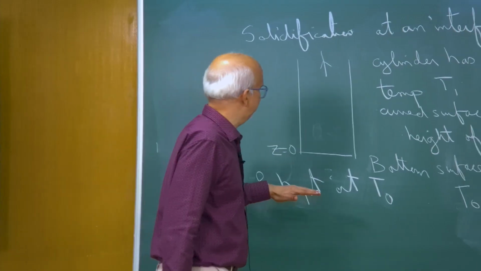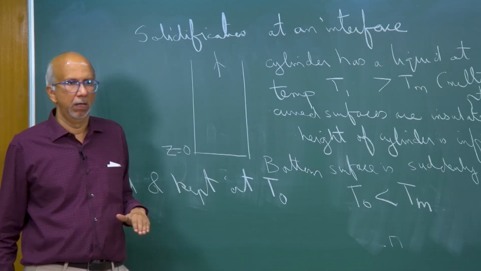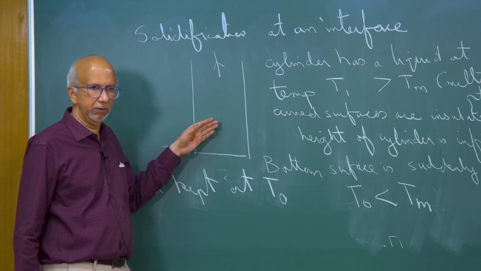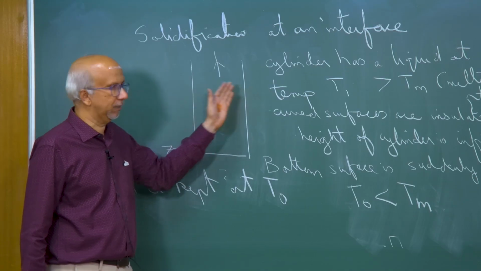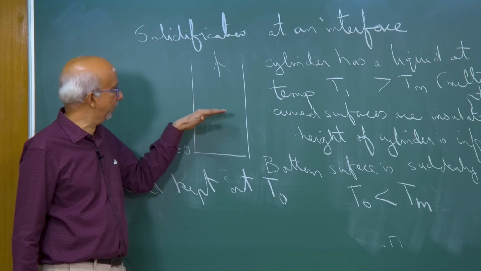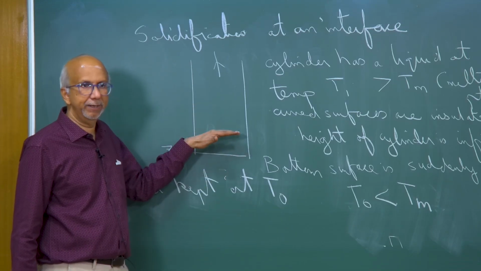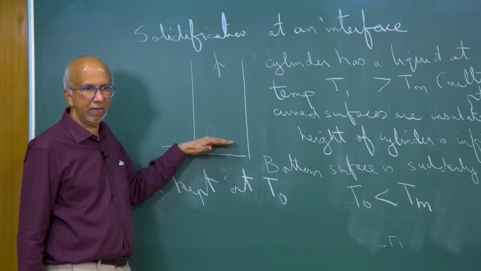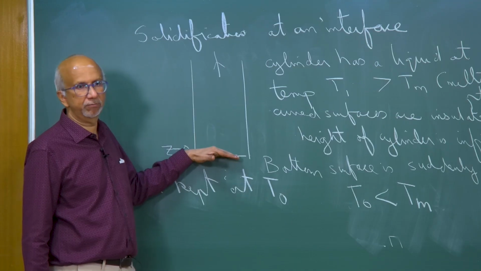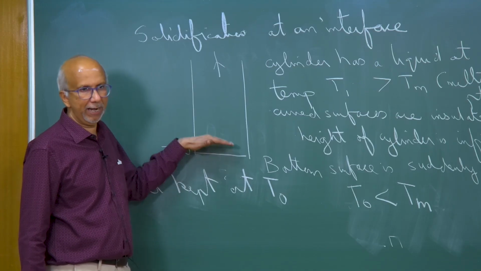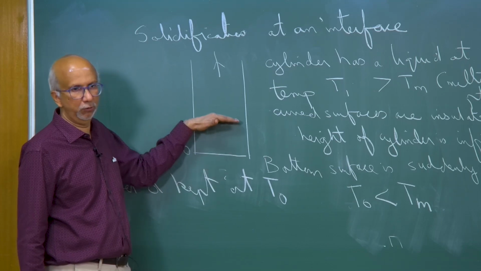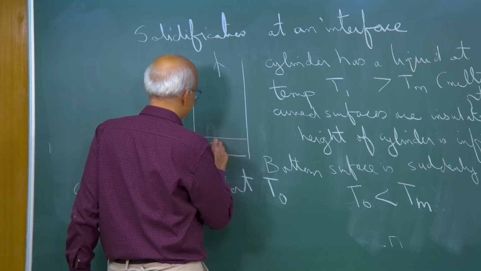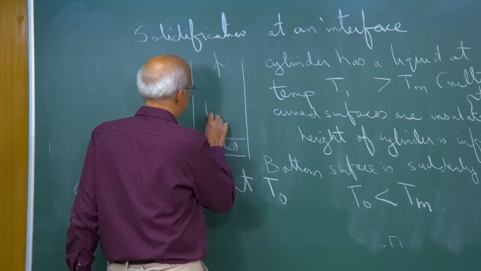And you maintain the temperature here, what do you expect to happen? You expect that more and more heat is going to be removed from this system. No heat can come from the sides. So, this liquid is going to give up heat more and more, and you are going to take away the heat from the liquid. And as you take away the heat, you are going to have a front, an interface between the solid and the liquid, and this interface is going to keep on increasing, you understand. So, basically you have this is the solid and this is liquid.